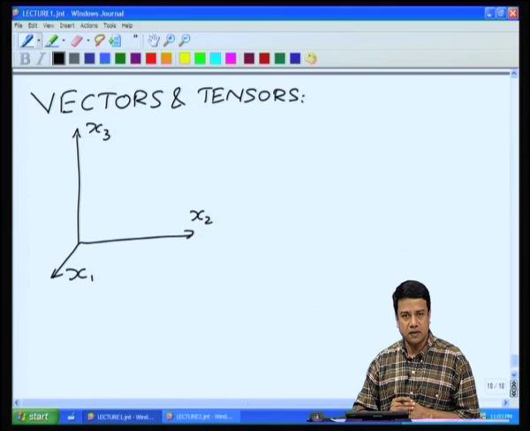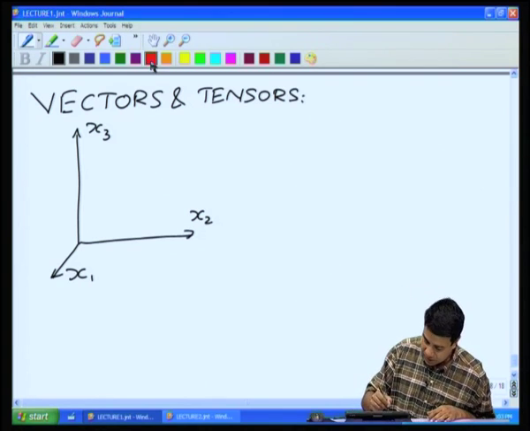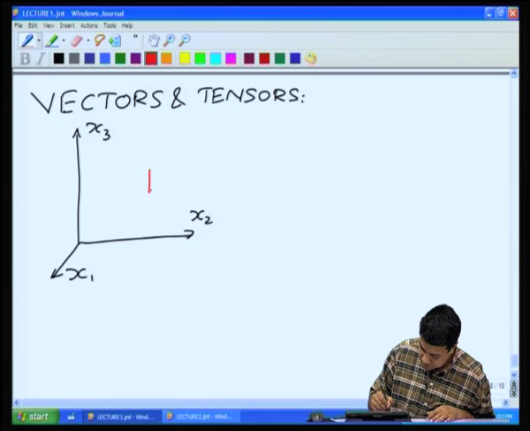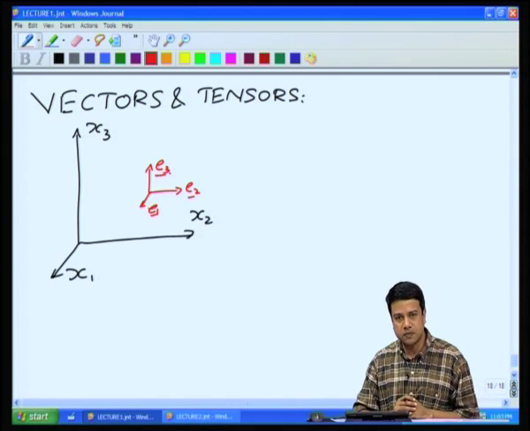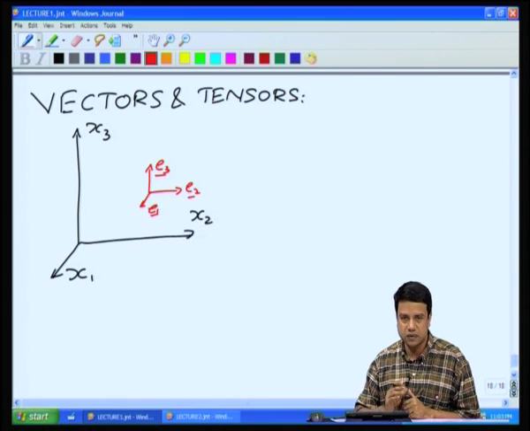The unit vectors in this coordinate system are e1, e2 and e3. These are the three unit vectors perpendicular to each other. We will use e1, e2, e3 instead of i, j, k or ex, ey, ez. So, any vector can be written in terms of its components.